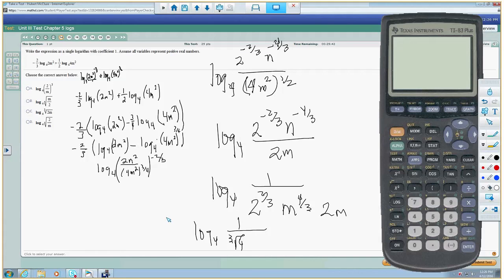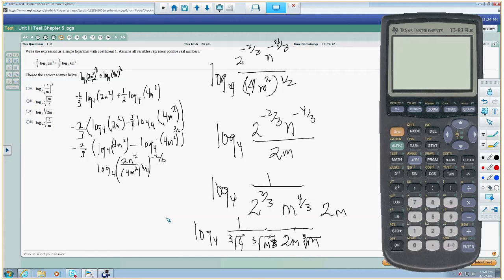This is going to be, we still get the same thing. That's going to be the what? Cube root of m to the 4th times 2m. Oh, cube root of m to the 4th and then another m. Cube root of m, sorry. Take that, make that a 3.